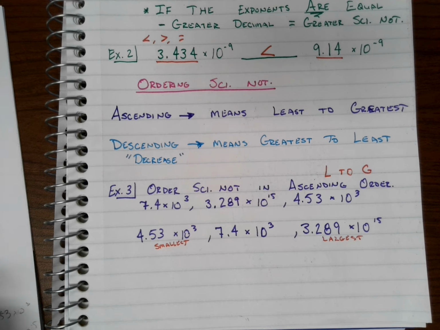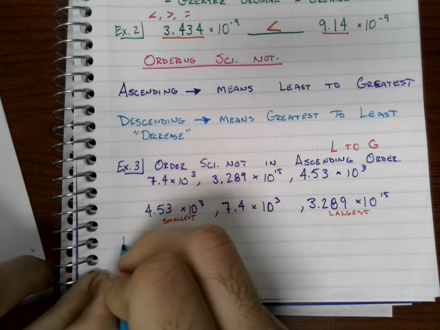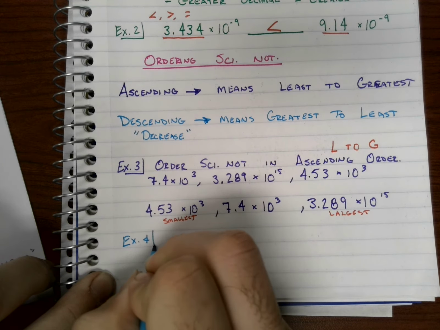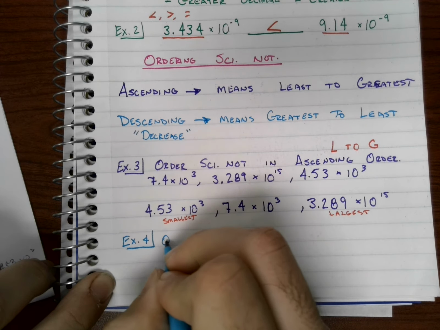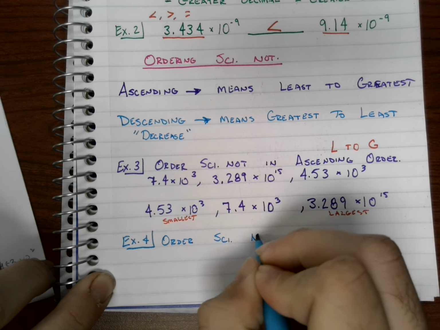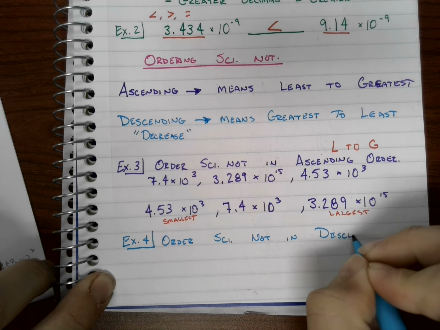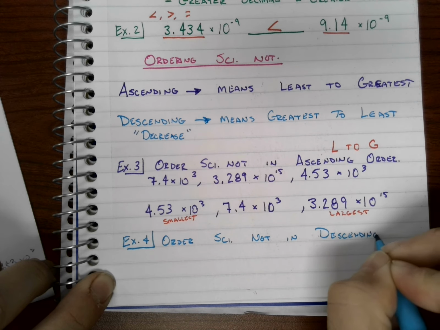And we'll look at one more example. So we're going to order scientific notation in descending order.